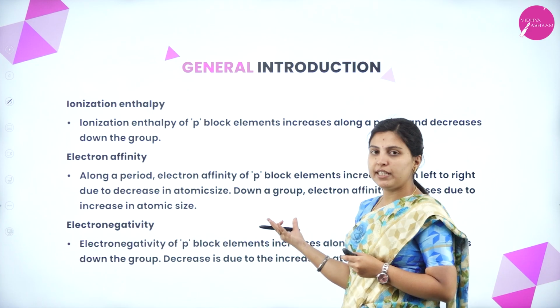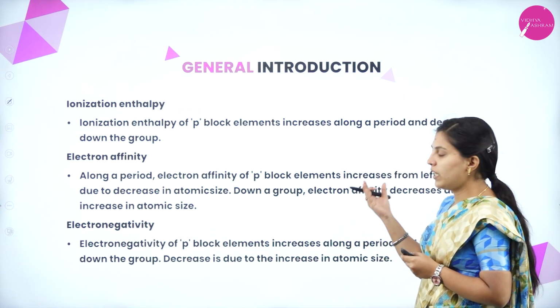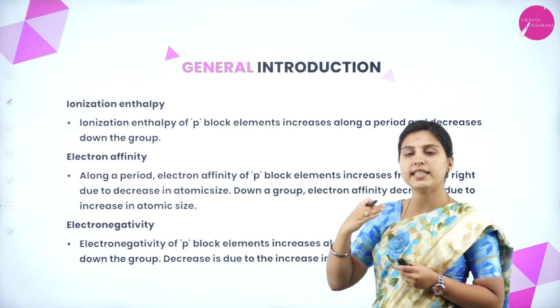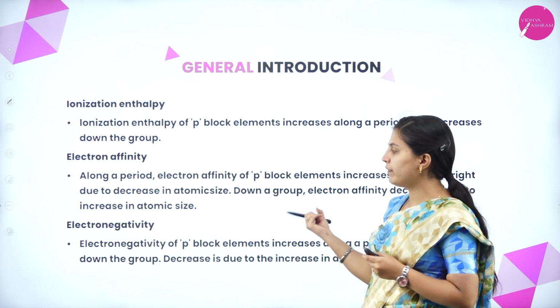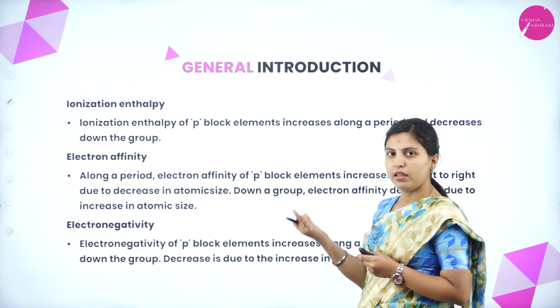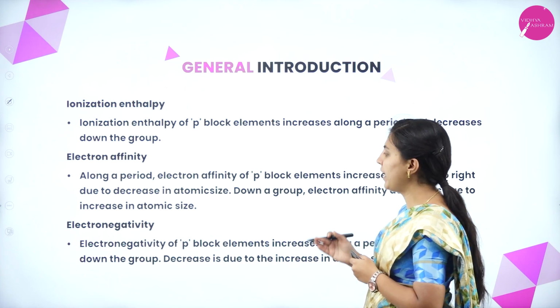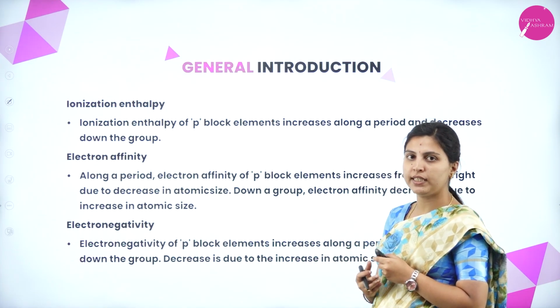Electronegativity is nothing but the pull of electrons towards the nucleus. As the atomic size decreases, the distance between the nucleus and the external electron will be less, so it will get attracted very easily, and thus electronegativity will increase. But down the group, vice versa will happen. The main reason for electronegativity decrease or increase is the atomic size.